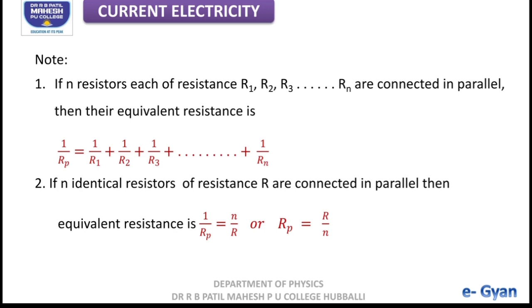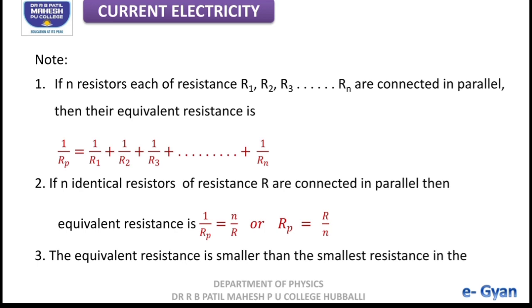This formula is very important one. If n identical resistors are connected in parallel combination, the equivalent resistance of the parallel combination is equal to R divided by n. Third point, the equivalent resistance is smaller than the smallest resistance in the combination.